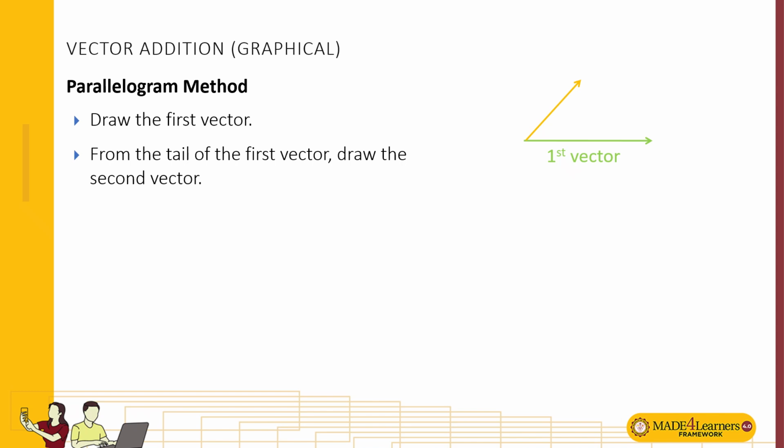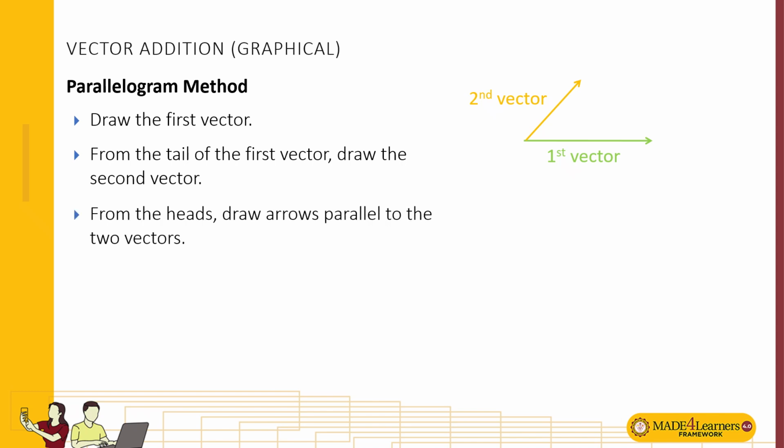So if you are using the 1 centimeter to 1 newton scale, you draw an 8 centimeter long arrow for the second vector. This is also called, by the way, the tail to tail method because you're connecting the tails of the two vectors.